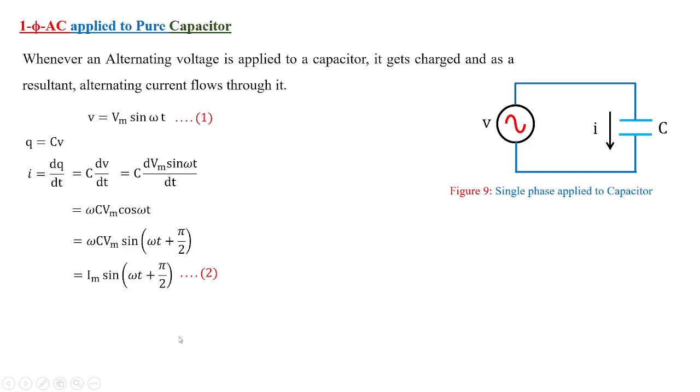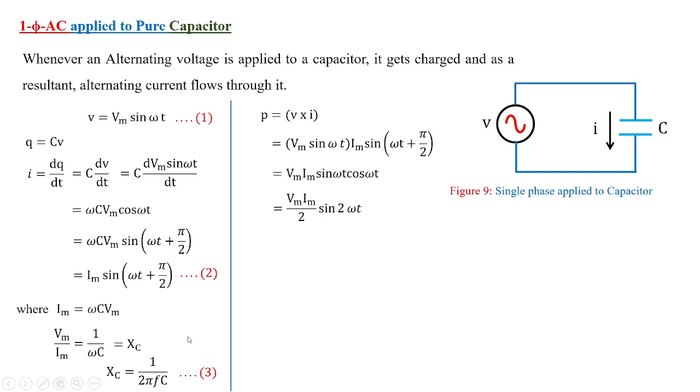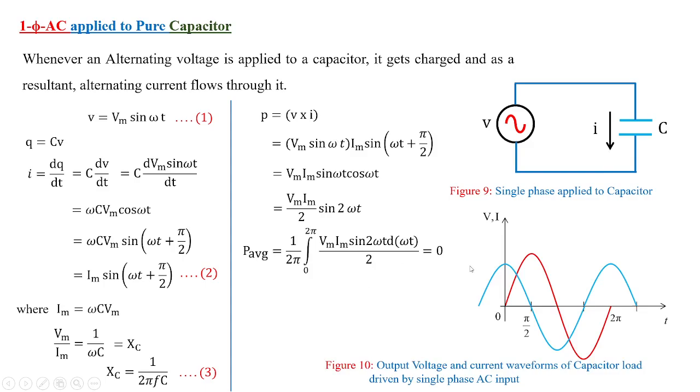So with equations 1 and 2, it is clear that for the pure capacitor we get the average power as 0, the same as for the inductor, and this is the waveform representation of the voltage and current through the capacitor.